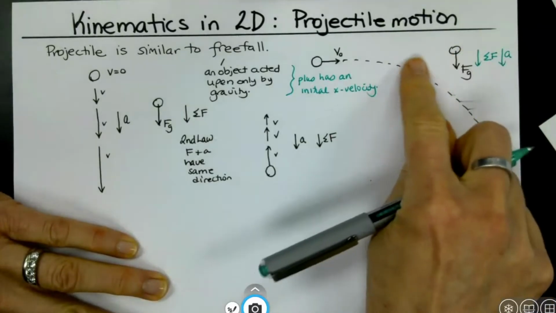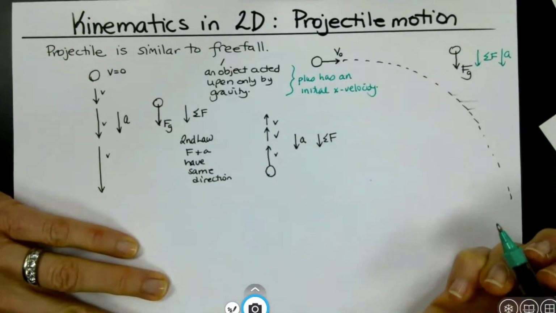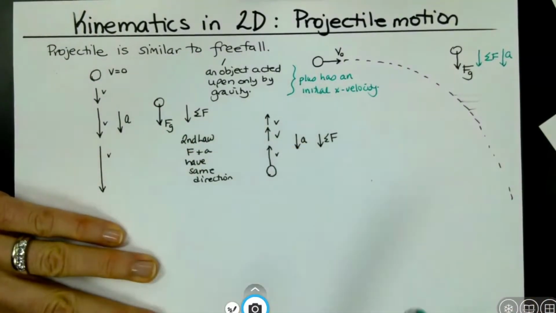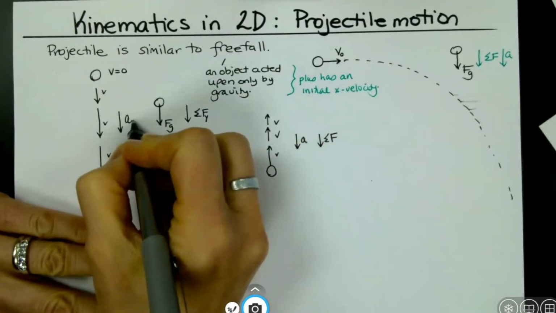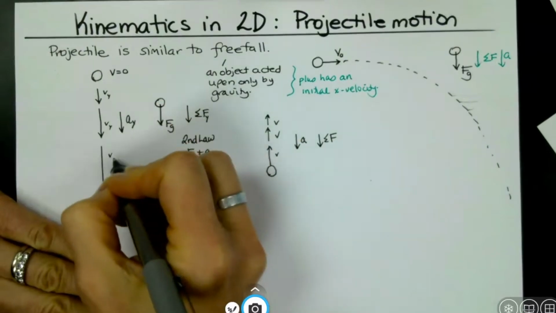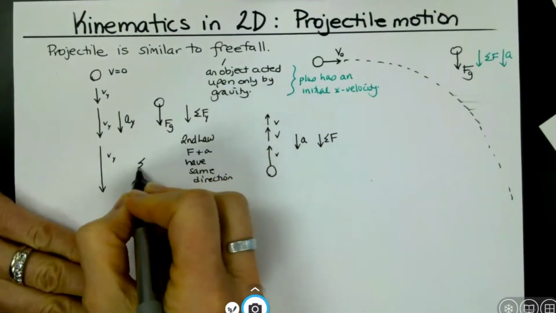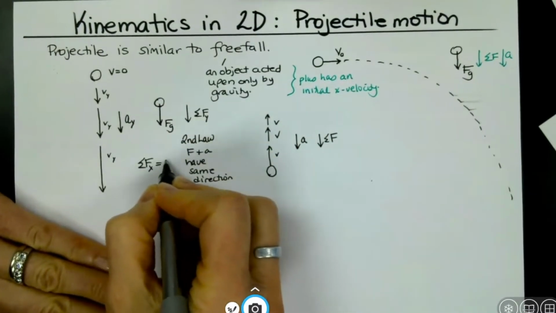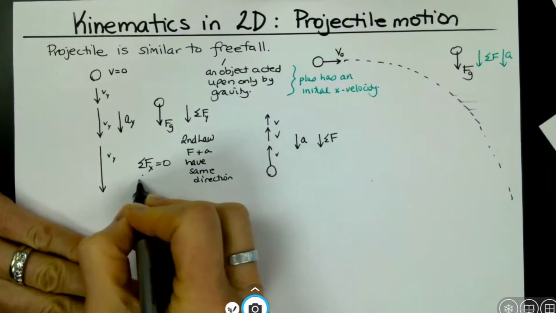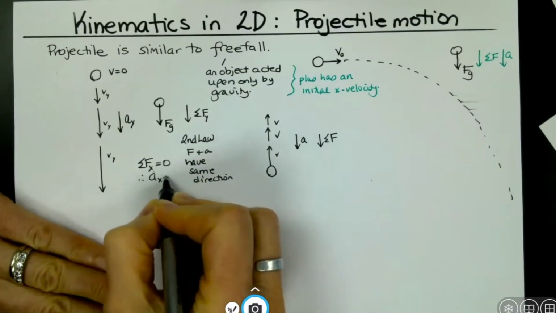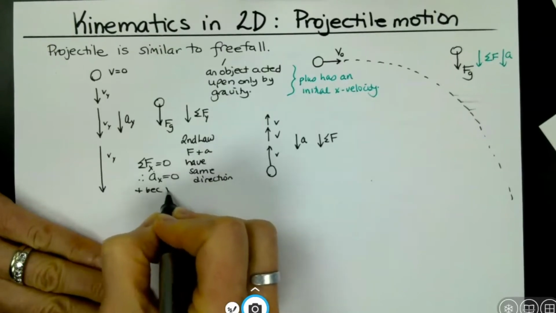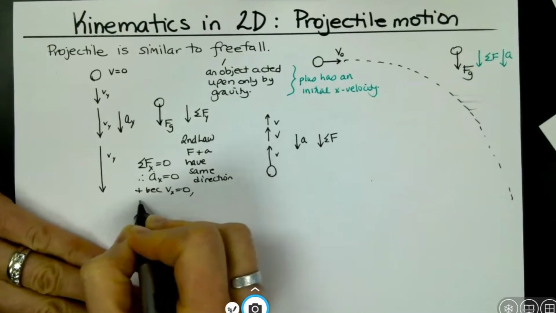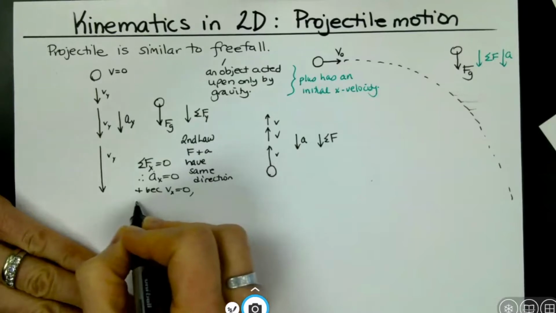You'll notice there's no forces along the x-axis. Now on the freely falling object, we were talking about the y-axis and moving on the y-axis only. But we could also talk about the x-axis having no forces, therefore acceleration on the x was 0. And because velocity on the x was 0, it was actually at rest.